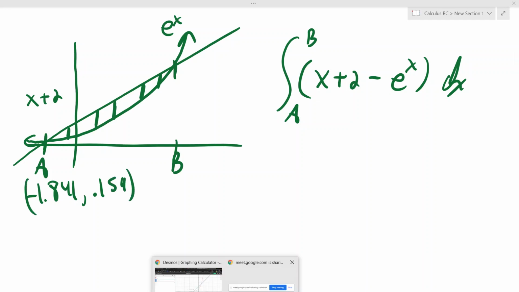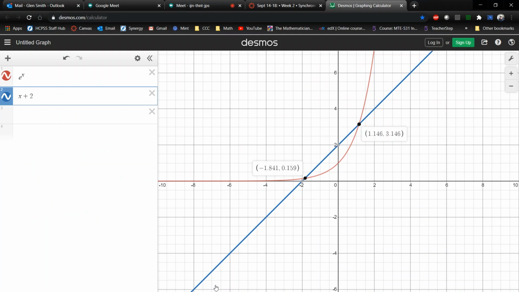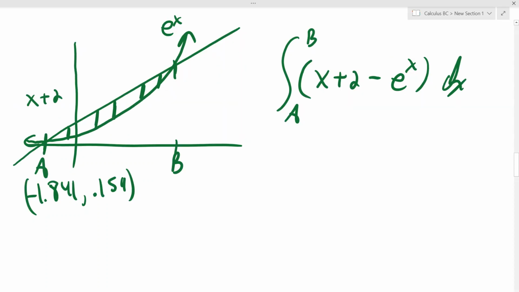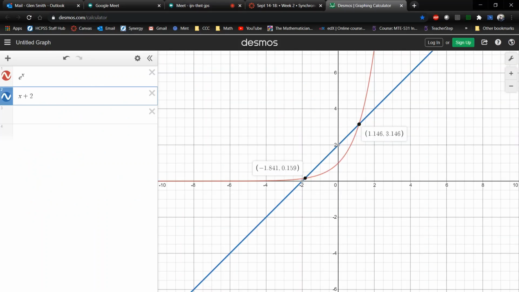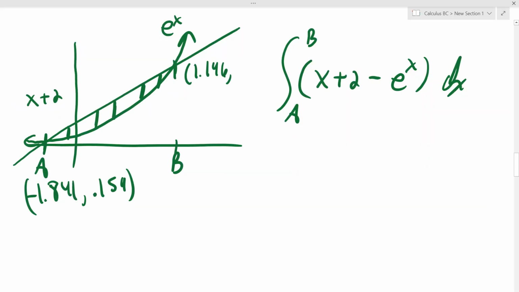And the other point is 1.146. So that's this point right here. 1.146, comma, 3.146. Oh, because it's plus 2, that makes sense. Okay, now, here's why I'm telling you that.